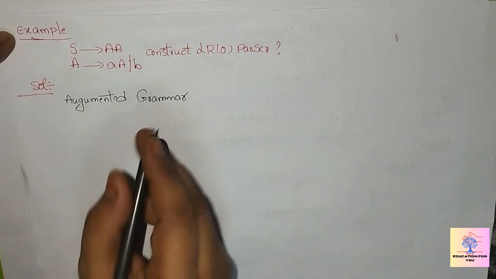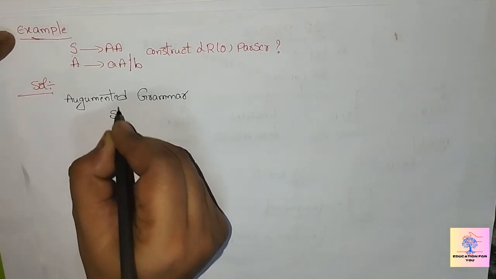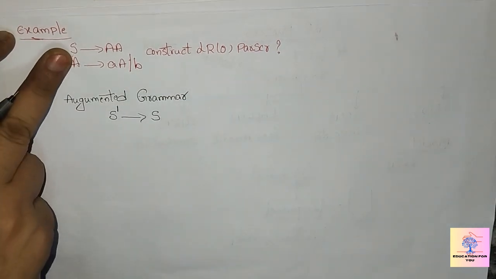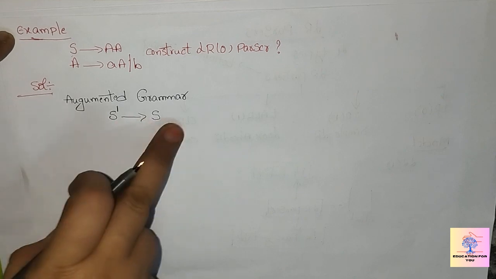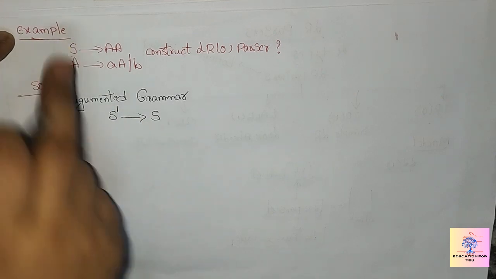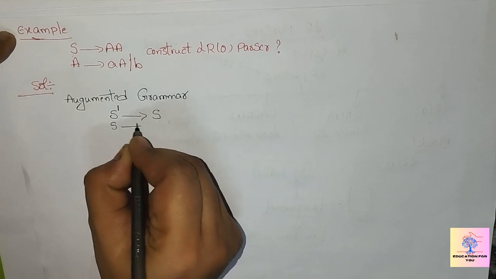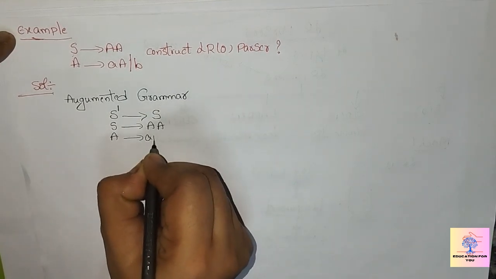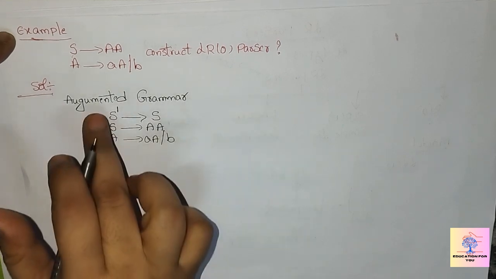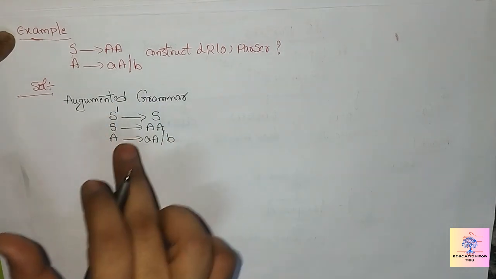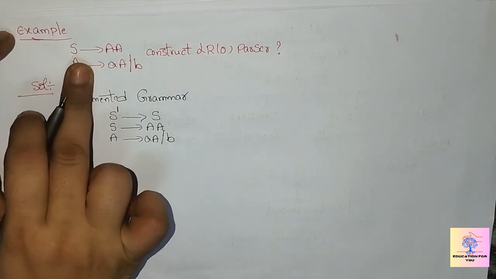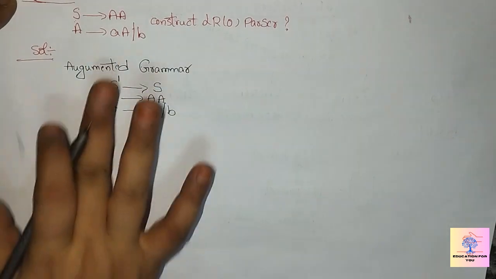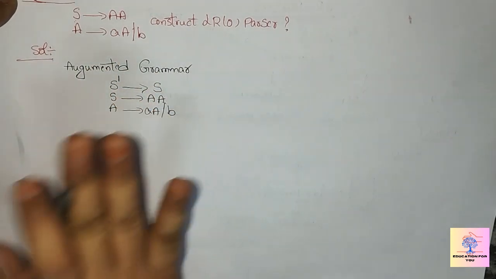S dash goes to S. For this S you are adding one extra production. The remaining two are the same: S goes to A, A goes to a or B. So this grammar is called the augmented grammar for the given grammar. Step 1 is over, you have constructed the augmented grammar.